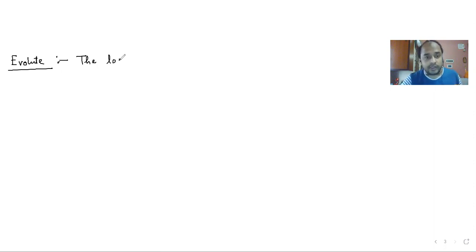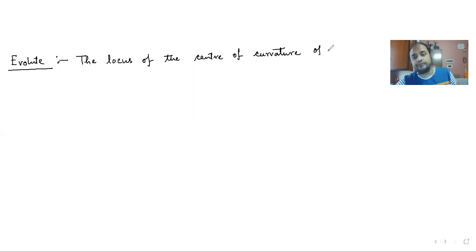So evolute is defined in the following way: the locus of the center of curvature of a given curve is called its evolute.